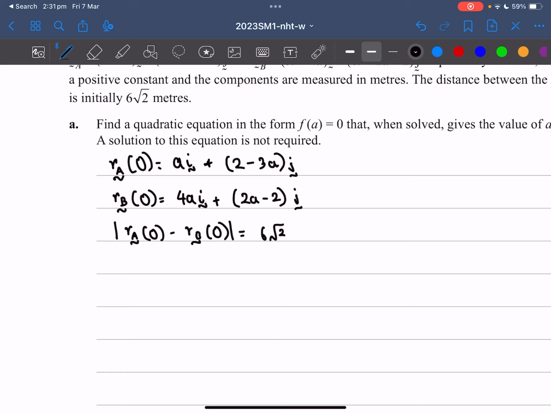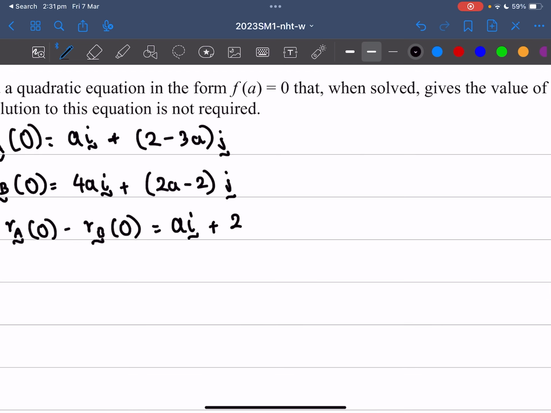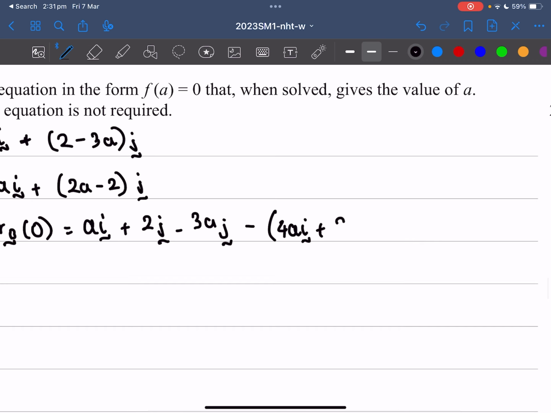But before I do that, let me find the difference without magnitude, so just in terms of vectors essentially. So ai plus 2j minus 3aj, take away 4ai plus 2aj minus 2j.